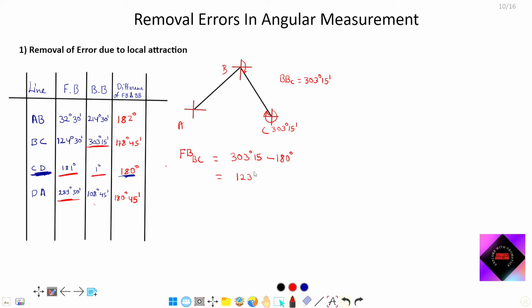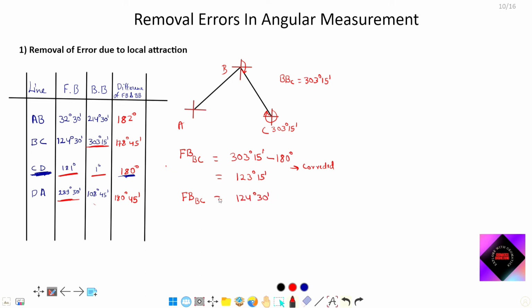123 degree 15 minutes. We will get 123 degree 15 minutes. So this is our corrected fore bearing of line BC. We also have the fore bearing of line BC measured, that is 124 degree 30 minutes.